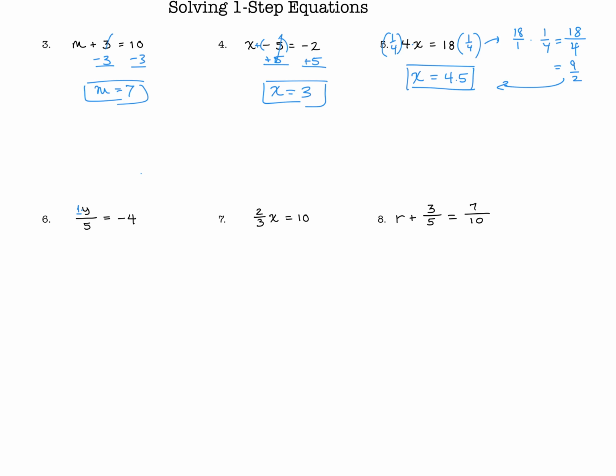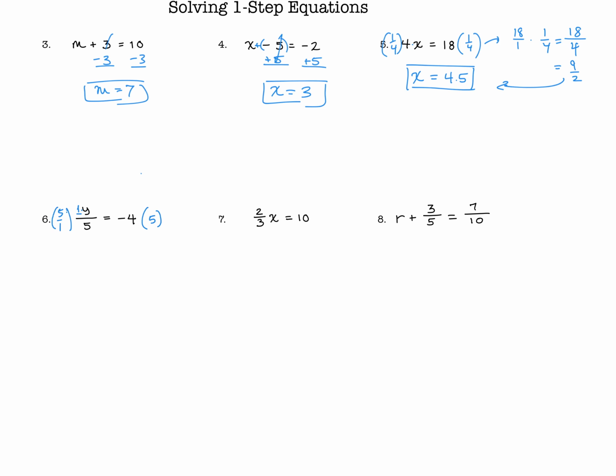So all I simply need to do here is multiply by the reciprocal of the numbers I have. So if I flip the 5 and the 1 and multiply that side, and then I go over here and multiply by the same thing, well, 5 over 1 is just 5. So just write a 5 here. What you should notice is I just flipped it. That's all I'm doing.